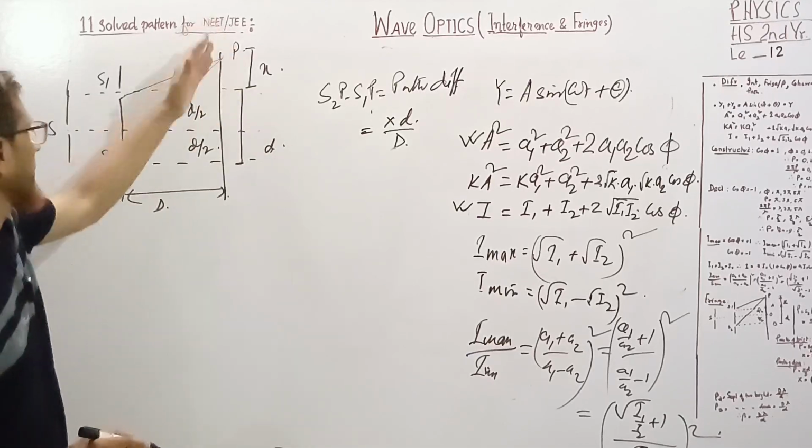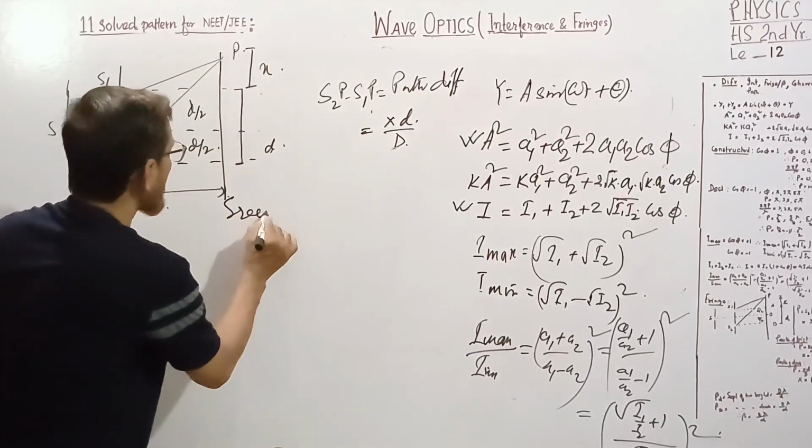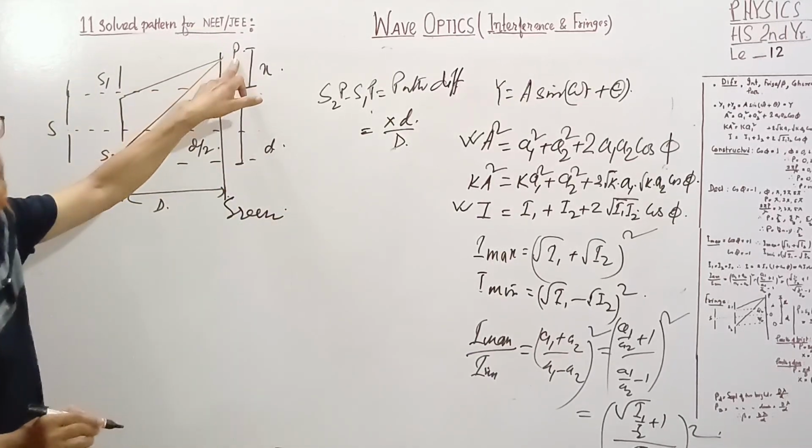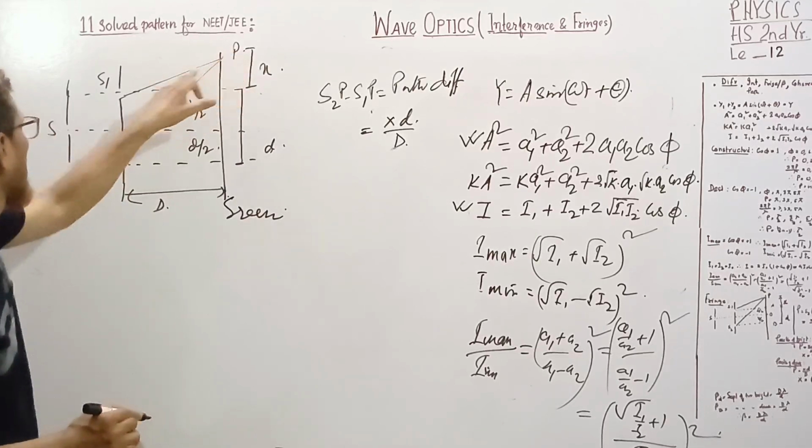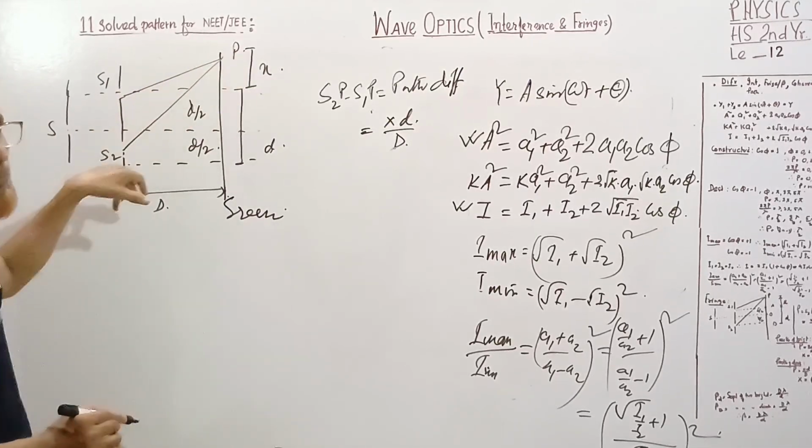Here we have a screen, and on the screen we have assumed a point P, and with respect to that point we have drawn two lines that give the path difference.